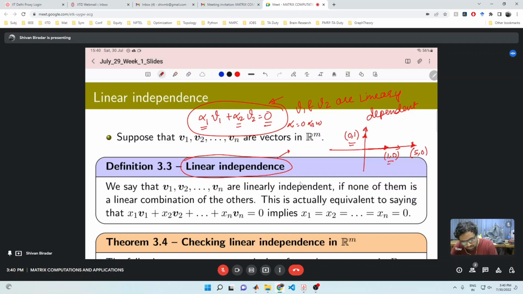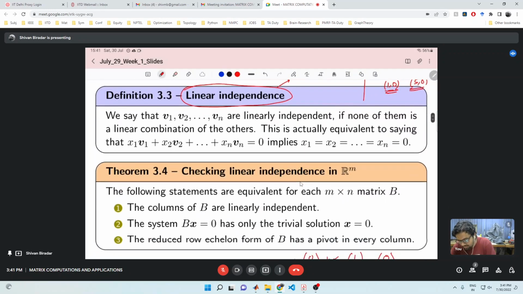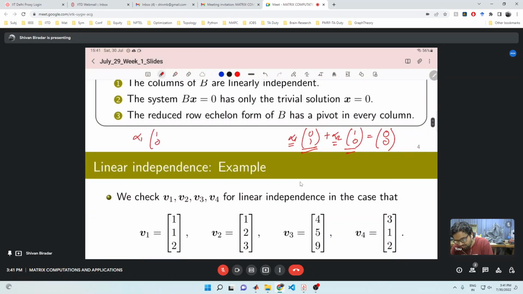Let us say this. Are this vector and this vector linearly independent or linearly dependent? Say alpha 1 is (1, 0) plus alpha 2 is (5, 0). If alpha 1 equal to 5 and alpha 2 is equal to minus 1, then this linear combination would be 0.